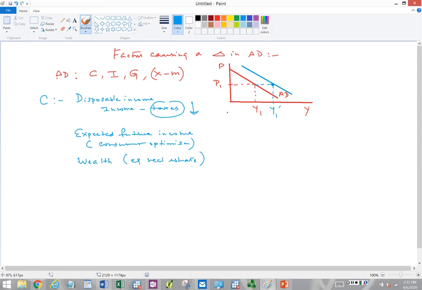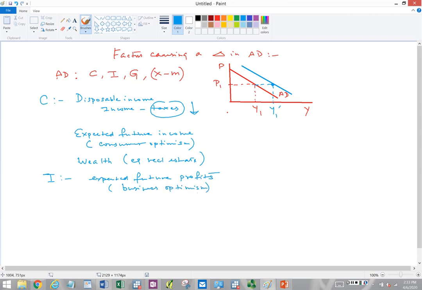So that's C. Now what about I? Investment spending. Now this depends upon, for instance, expected future profit. If firms expect high future profits, they may want to go out there and buy new machines. So this has to do with business optimism.